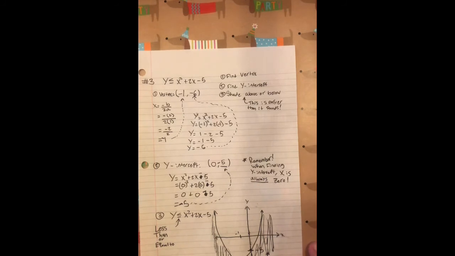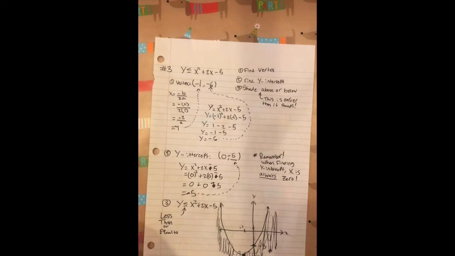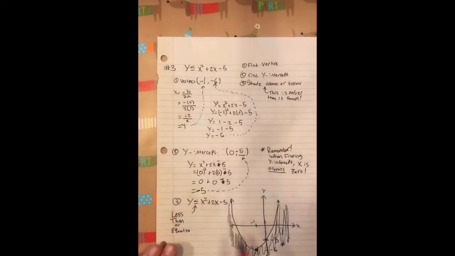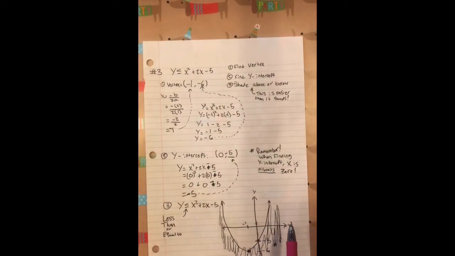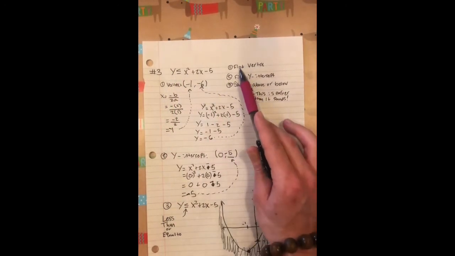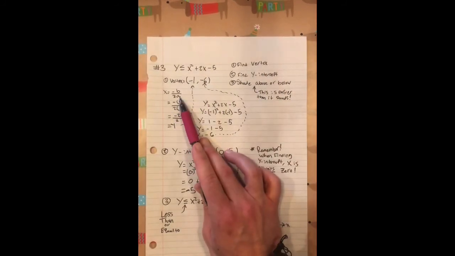Okay, so as you go on to, what was this, number 3? Number 4 is the exact same problem. Okay, and I want you guys to try to do it yourself using my work here. You should be able to know right off the bat what I need to do. I need to find my vertex using this formula.